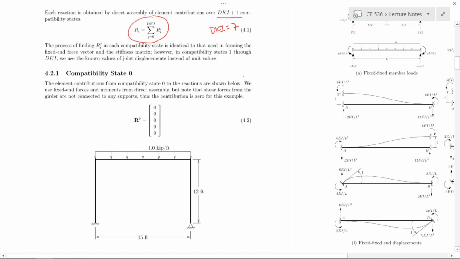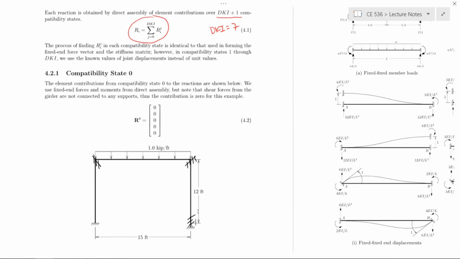For compatibility state 0, we impose 0 displacements to all the unknown joint displacements. So we completely fix the structure again, like we did in the assembly of the equilibrium equations, and then look at the effects of member loads.